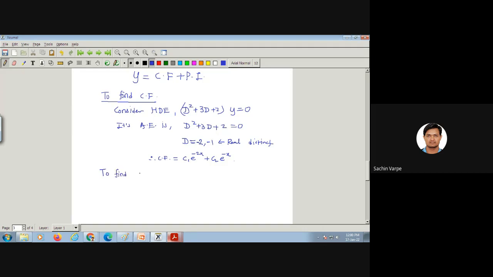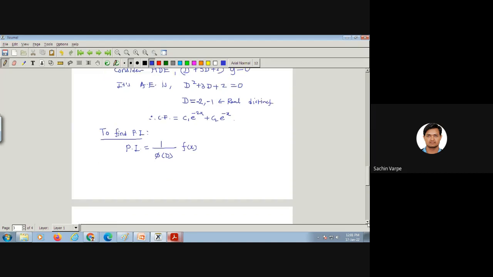Yes, sir. To find the particular integral now, we start with the formula. What is the formula of particular integral? PI equal to 1 upon phi of D into f of x. Right? We substitute phi of D. Phi of D क्या है हमारा? D square plus 3D plus 2. And what is f of x?